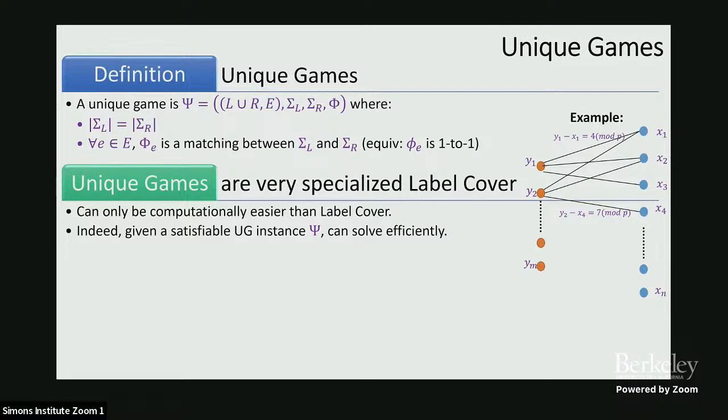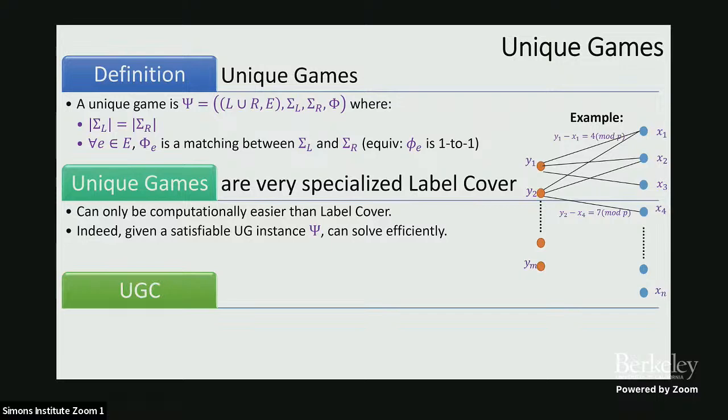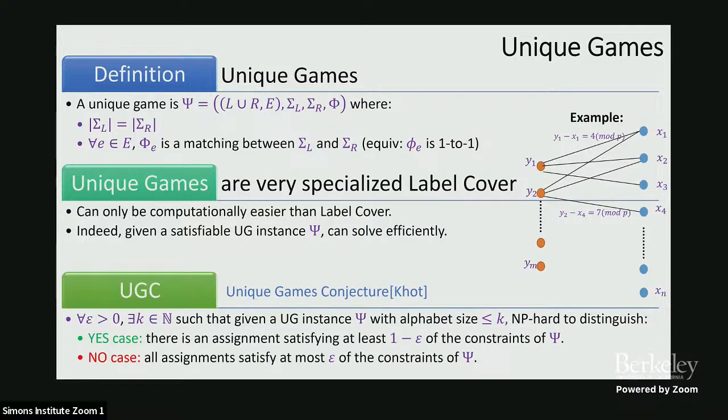Well, so what do you do then? You conjecture that besides this little satisfiability issue, unique games are still hard. And this is what is referred to as the Unique Games Conjecture, or UGC in short. This was made by Subhash Khot in 2002. And it says the following statement.